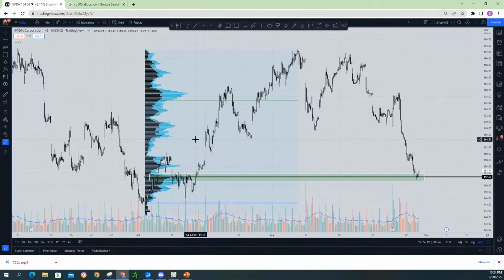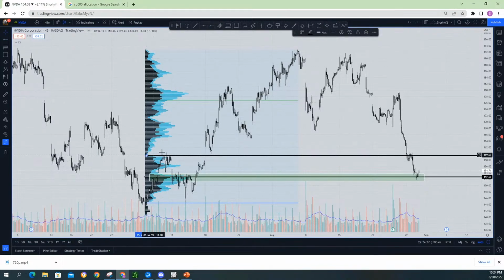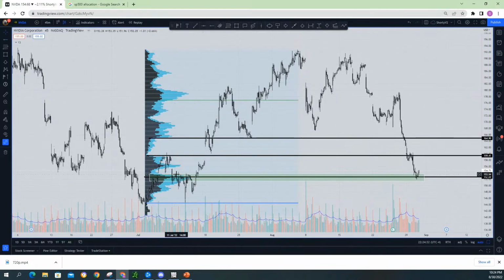Man, you're crazy. That's how trading works from the non-retail side. And don't short tomorrow unless it breaks this level right here, 151.